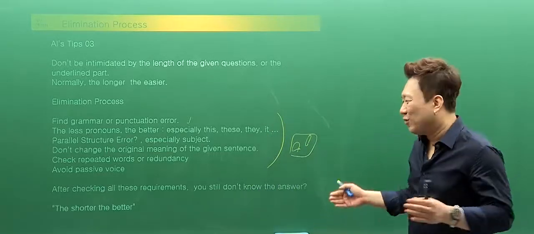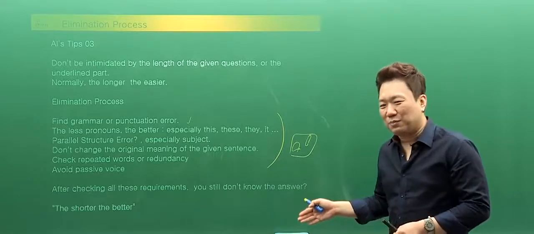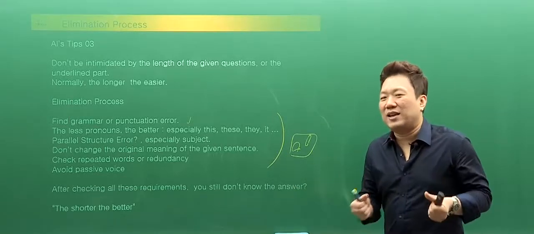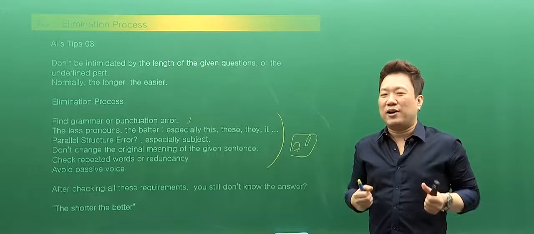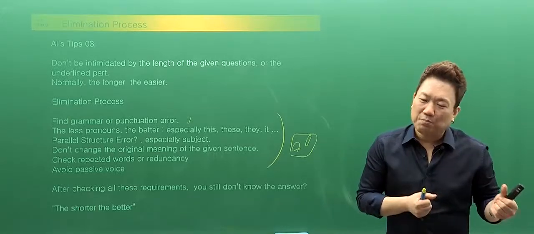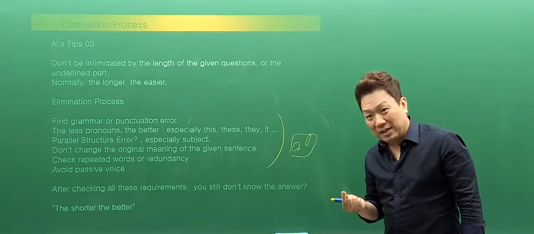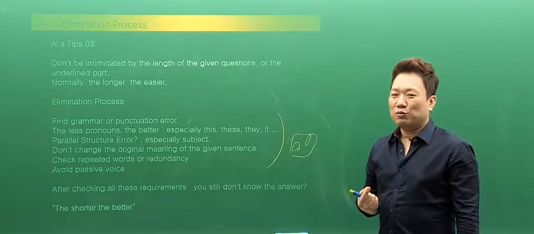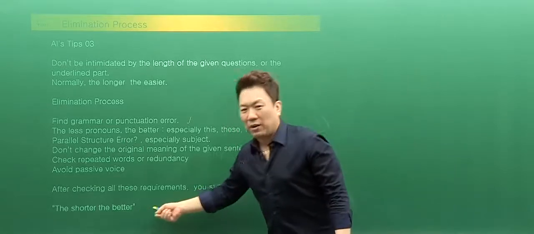I already talked about this in the previous section. The first priority in SAT writing is clarity, but the second priority is effectiveness, which, in other words, means the shorter the better.